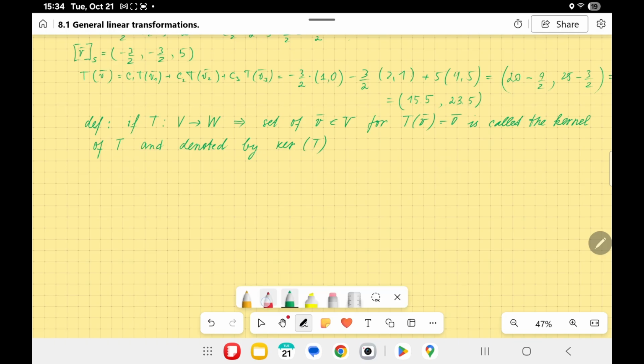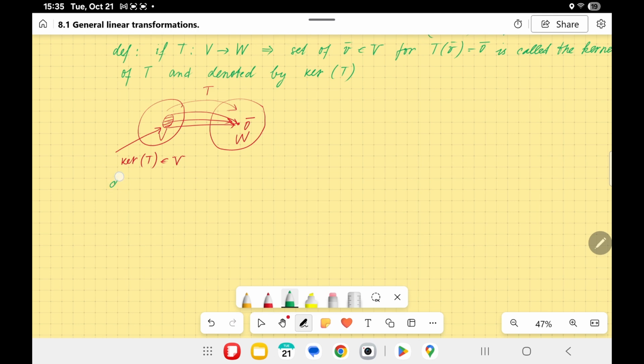That's space V, that's space W, and there is a transformation T, right? There is a 0 vector here. All vectors from V which go into this 0 vector, maybe it's only one, maybe more, make up the kernel. So the kernel consists of vectors which belong to V and go right into the 0 vector in W. Okay, good.